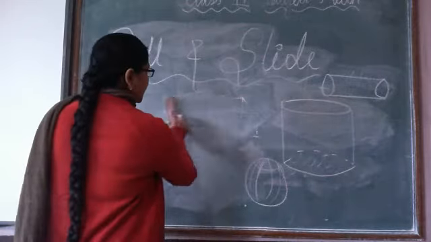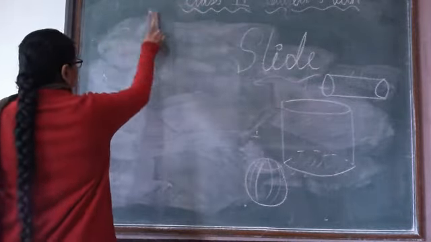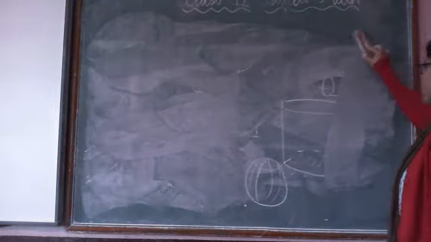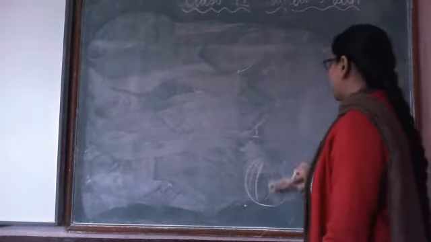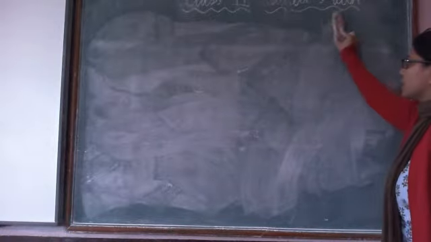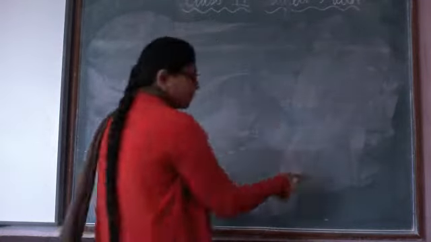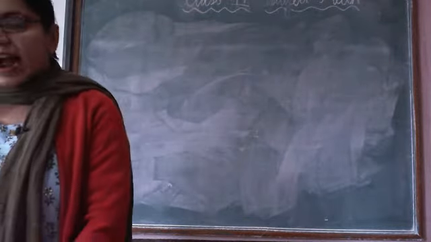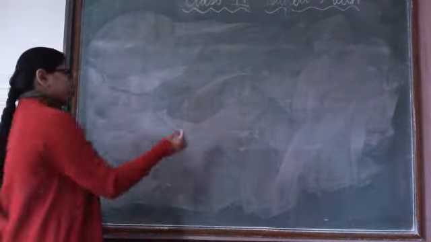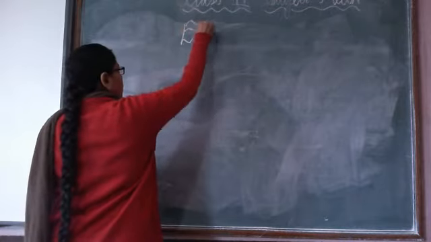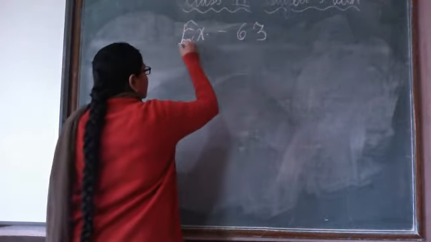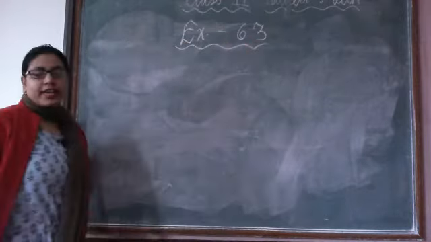Okay students, so now we are familiar with 3D objects, and whether they roll or slide, we know that too. So let's move forward. Let's start exercise 6.3. All of you write down exercise 6.3.